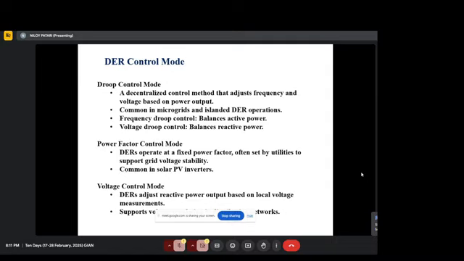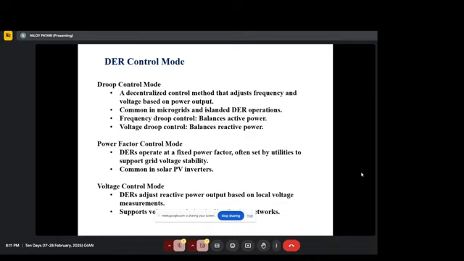This follows the P-theta, active power-angle, and V-Q coupling that we have in transmission systems. We also sometimes operate inverters in this mode. So this is a very classical control mode.